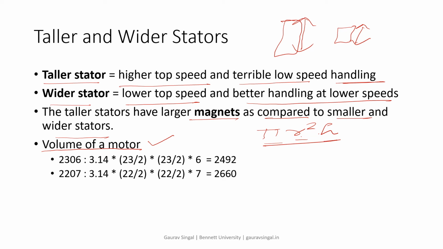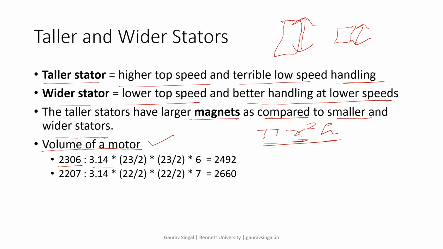Suppose we take one example, 2306. Pi is 3.14. What is r? r is diameter divided by 2. Diameter is 23, so 23 divided by 2 squared, that is 23 by 2 into 23 by 2 into h. h is the height, and the height is 6.